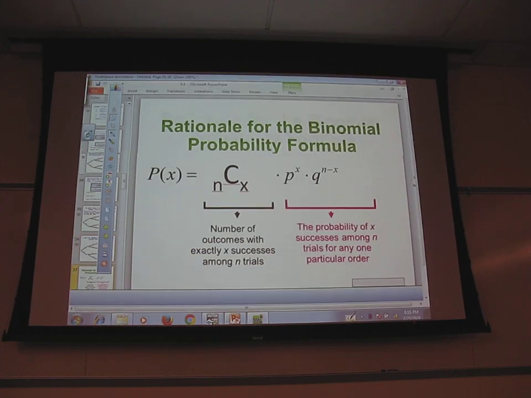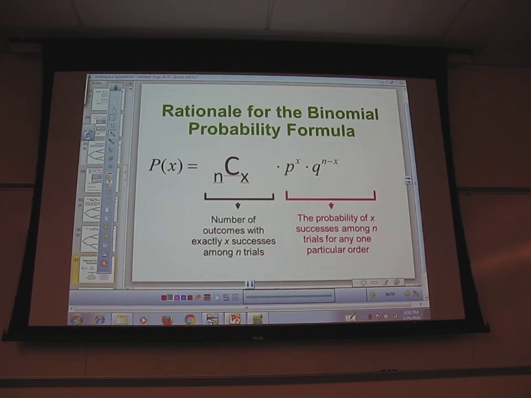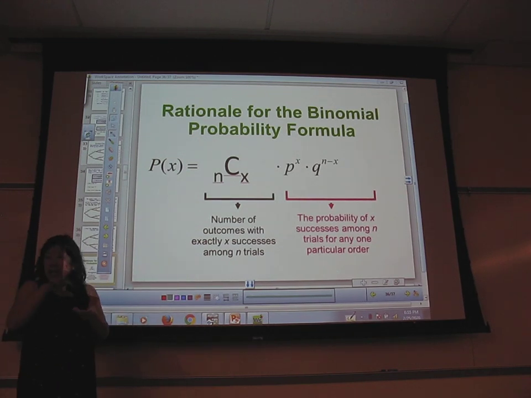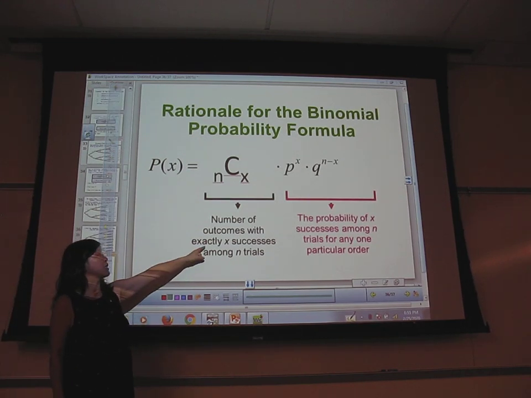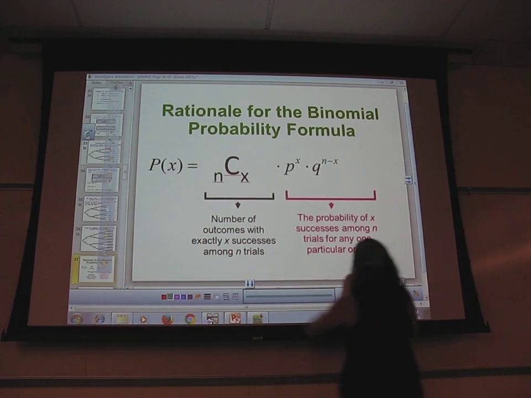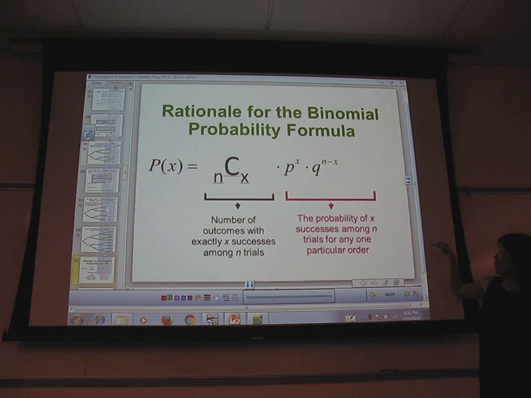So this is where it comes from. Again, this part here tells you how many outcomes, how many branches end up with exactly x successes out of n trials. And then this is the probability of getting to that branch.